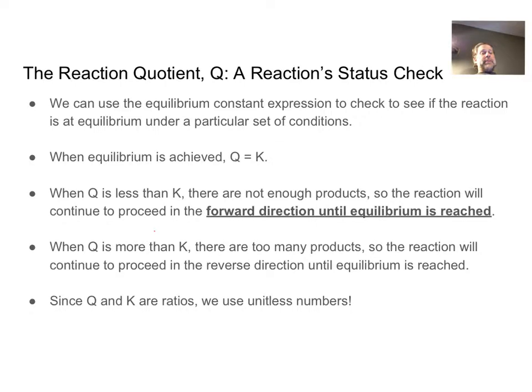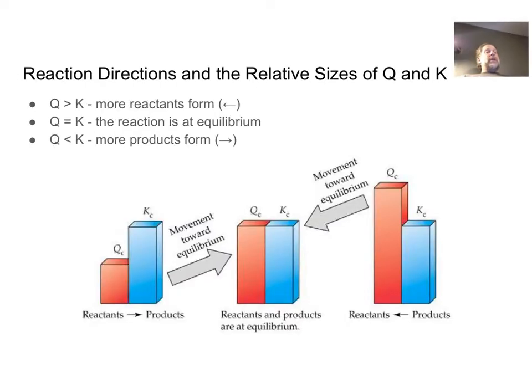Now this diagram helps us to illustrate what's going on. When a reaction is at equilibrium, Q and K are equal to one another. And that's kind of the goal of most chemical reactions, is for them to be at equilibrium. If Q is larger than K, that means we have more products and we are moving back towards reactants.